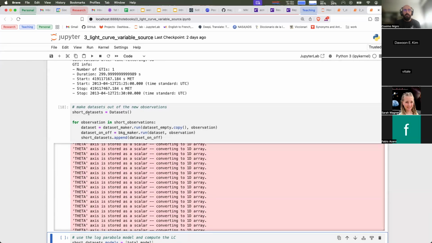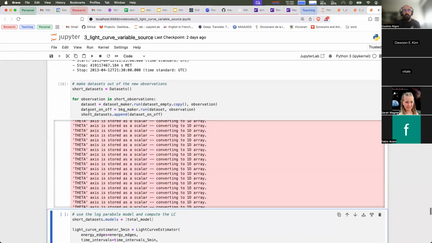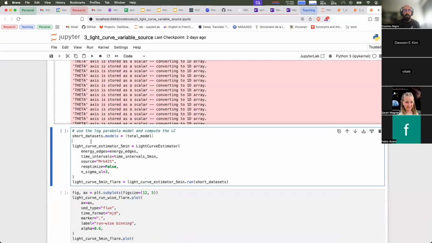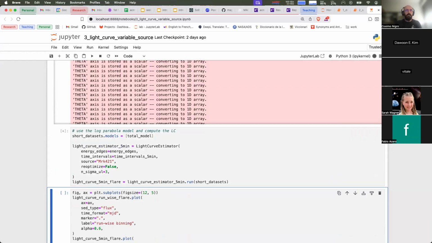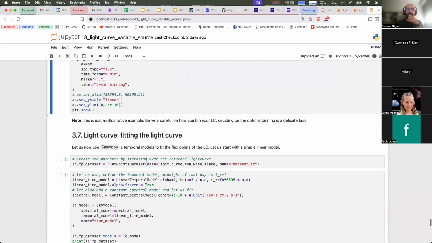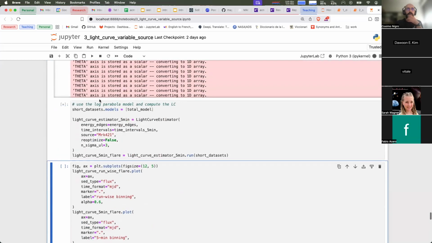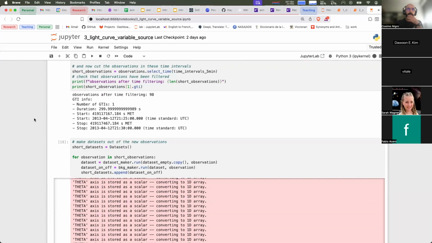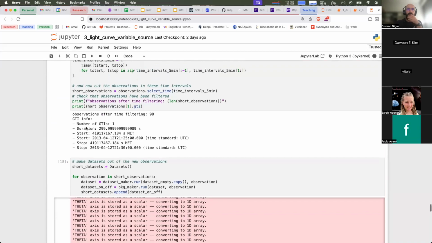Okay, so we got a list of datasets that are now 5 minutes long. And then what we do, we run the light curve estimator on this new dataset. I think it was supposed to print how many datasets we have. No. It's 98.